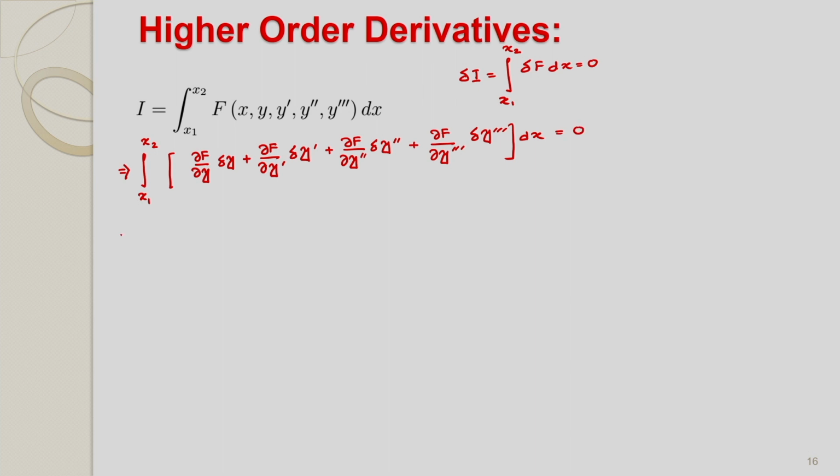Now, we can do integration by parts for these 3 terms. Our objective is to express all the integrals in terms of delta y, the variation of y, using integration by parts.